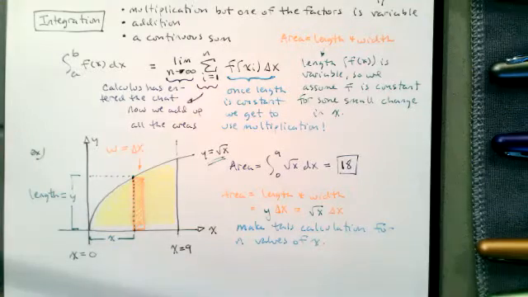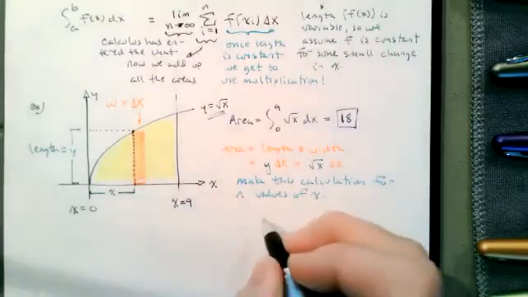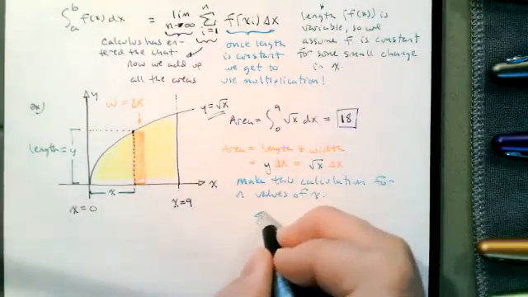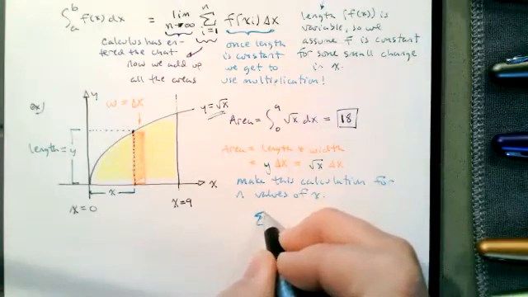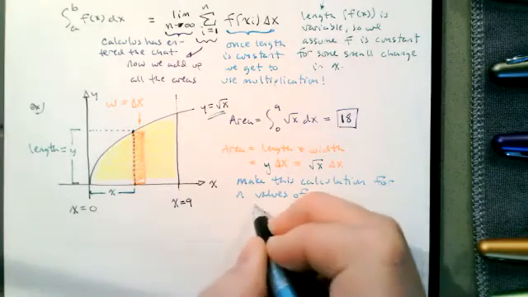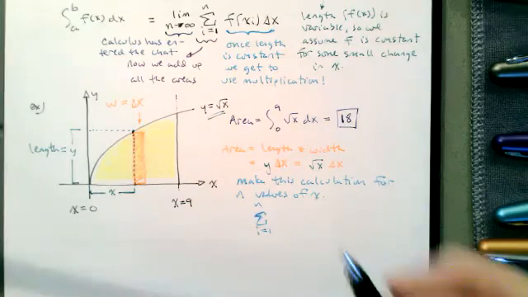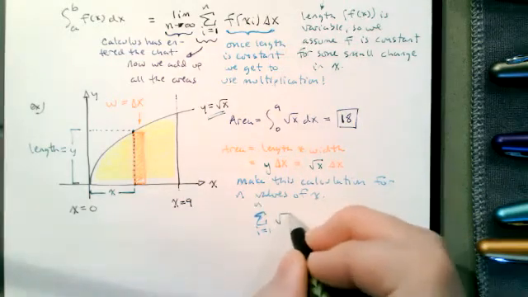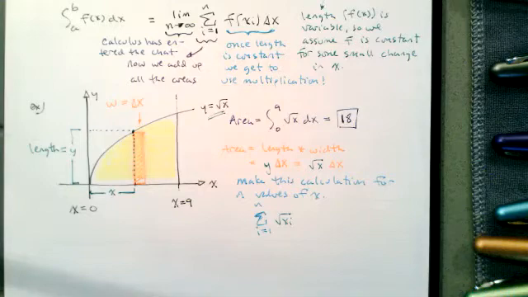Evaluate the function at n different values of x, and that's what leads to the Riemann sum. That's where we'll be at the sum as i goes from 1 to n. We're going to add up all these square root of x times delta x.